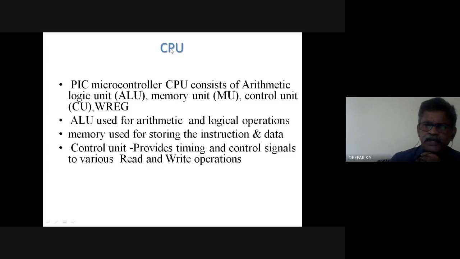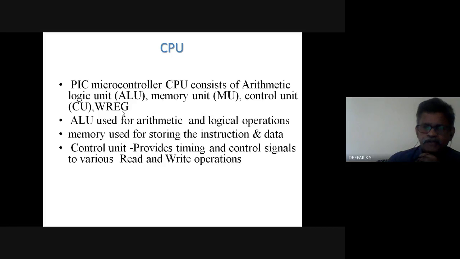So the PIC microcontroller CPU consists of an arithmetic logic unit, which is where you do addition, subtraction, everything, and it has a memory unit, a control unit and a working register. One of the operands would come from the working register, which is just a register designated as the working register.